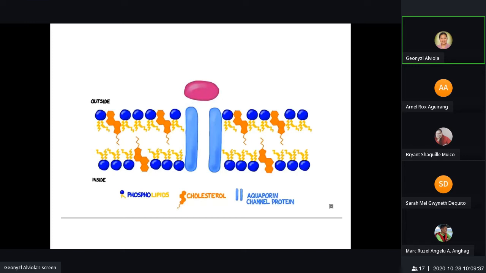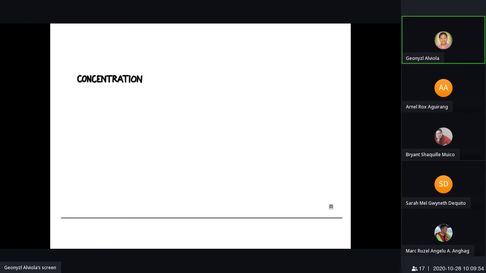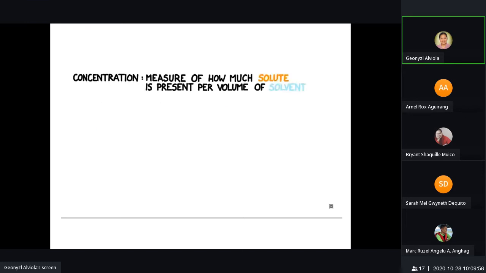Larger molecules can't fit through the membrane without special channels. The cell membrane is fitted with special protein channels called aquaporins, which allow water molecules to cross. It's going to depend on something called the concentration. Concentration is a measure per volume of solvent.